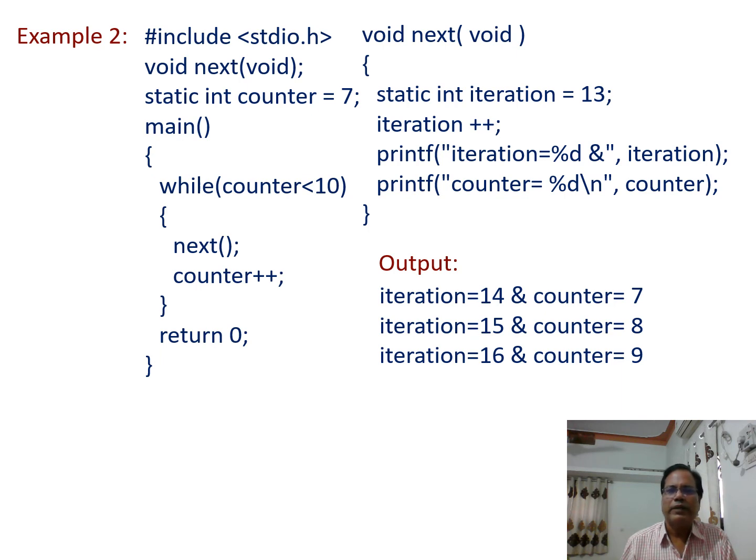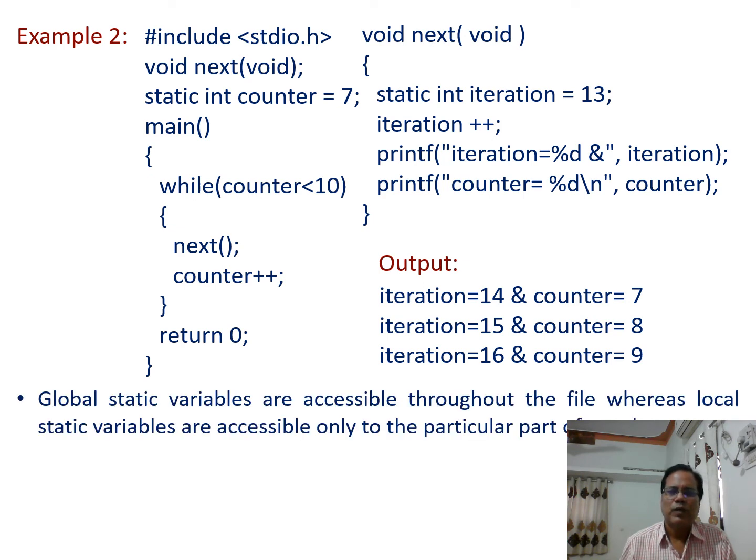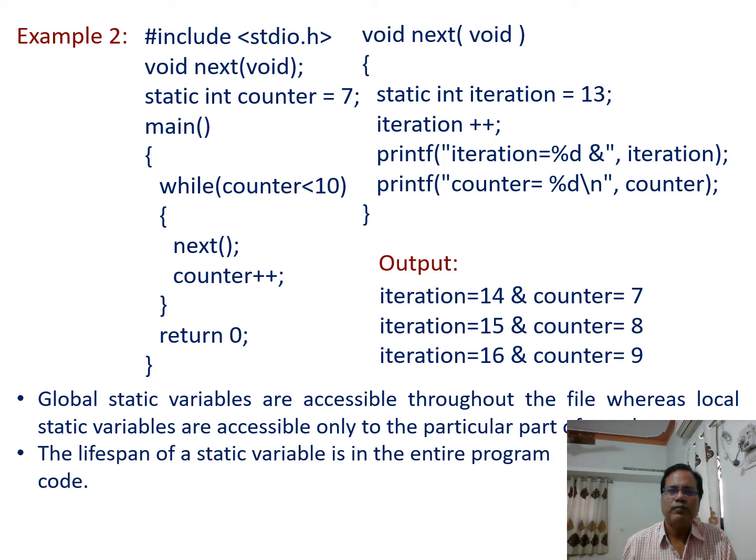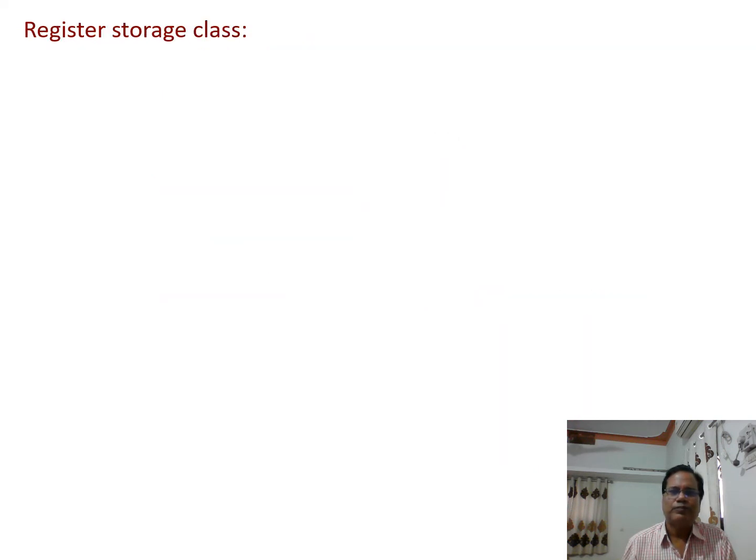So this indicates the advantage of declaring a global or local variable in the static storage class. Global static variables are accessible throughout the file, whereas local static variables are accessible only to the particular part of the code. The lifespan of a static variable is the entire program.